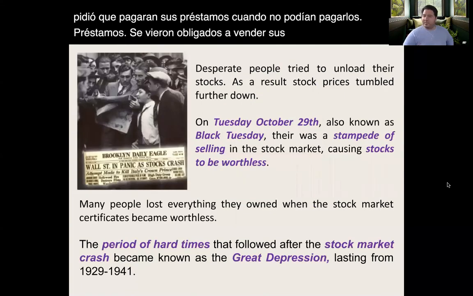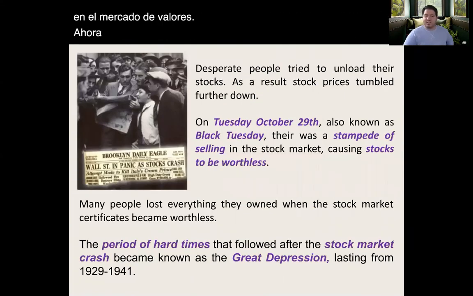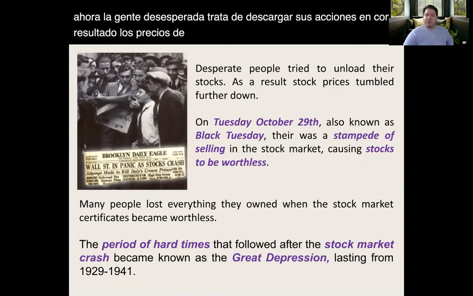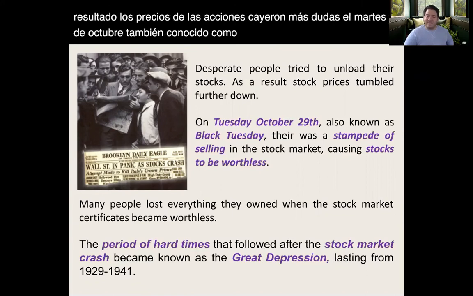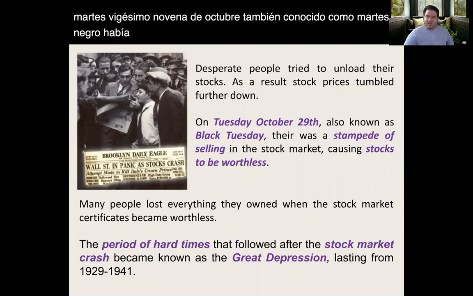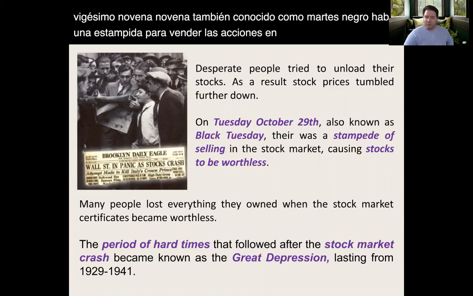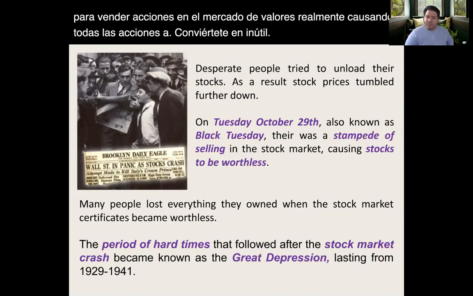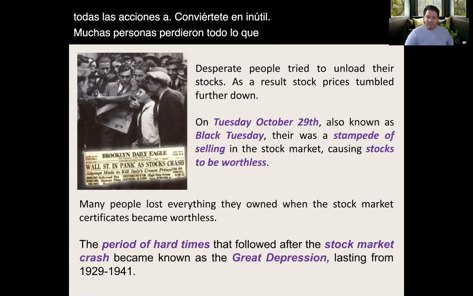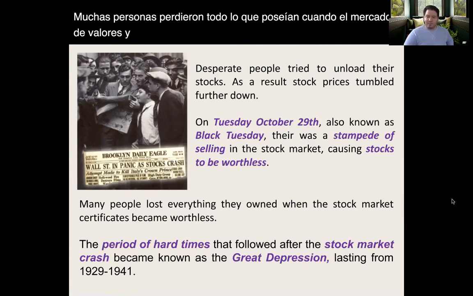Now, desperate people tried to unload their stocks, and as a result, stock prices tumbled further down. On Tuesday, October 29th, also known as Black Tuesday, there was a stampede to sell off stocks in the stock market, really causing all stocks to become worthless. Many people lost everything that they owned when the stock market and their certificates became worthless.